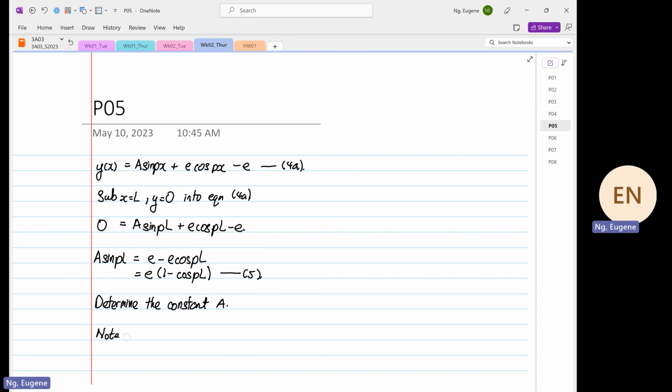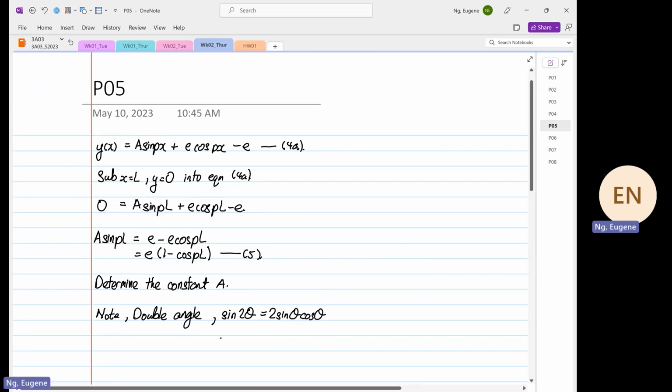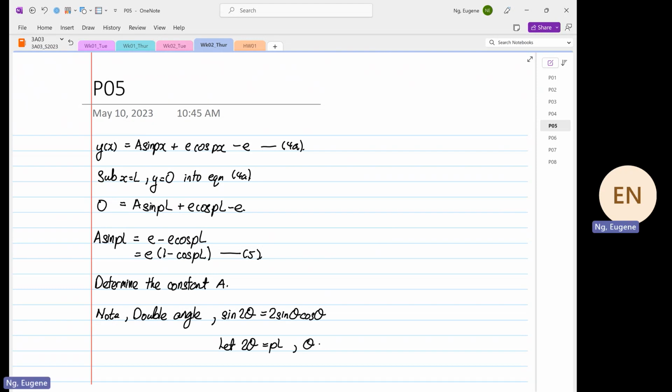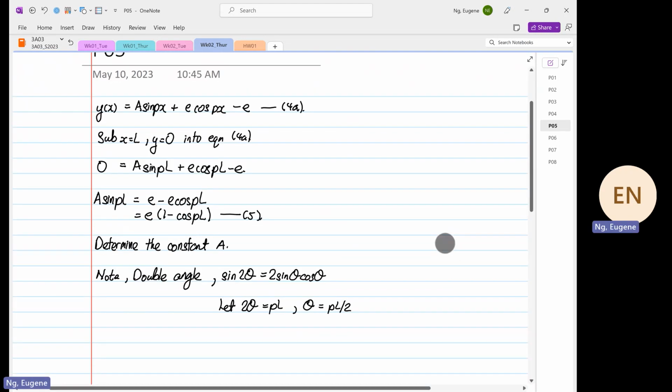So let's note, if we were to remember our double angles, based on double angles we know that sine 2 theta is equal to 2 sine theta cos theta. Now we're going to let 2 theta be equal to PL, and then we know that theta is equal to PL over 2.